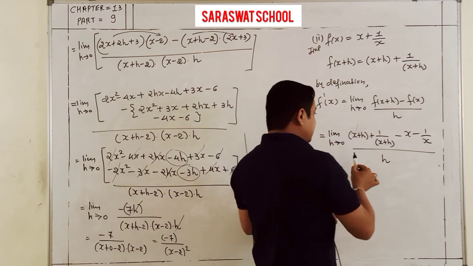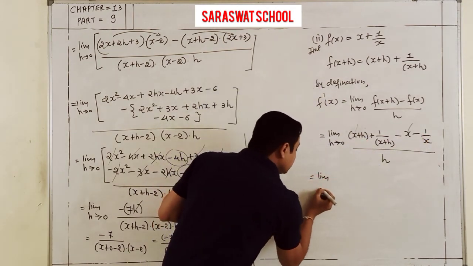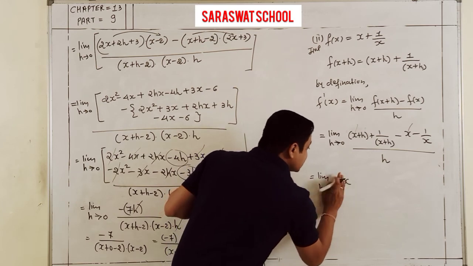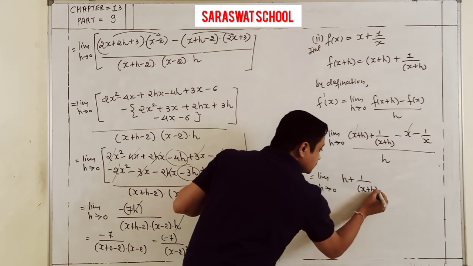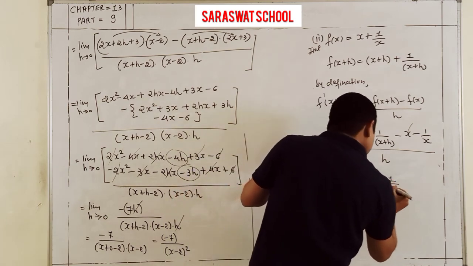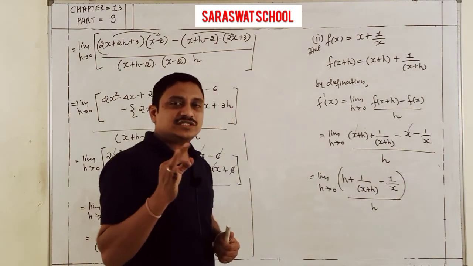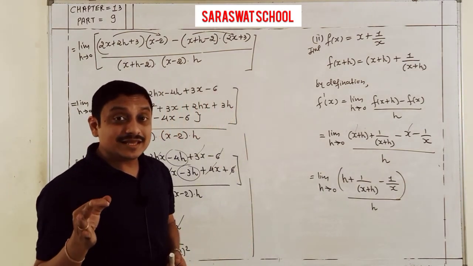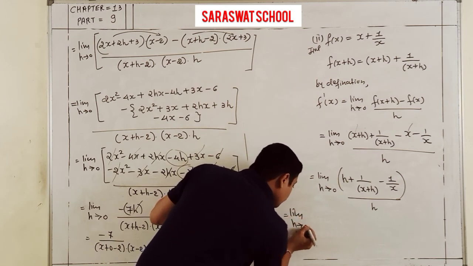So does this cancel x and x? Other, as usual, we have x plus h plus 1 by x plus h minus 1 by x, and upon h is same. Here students, you will take maximum LCM. So limit h tends to 0.